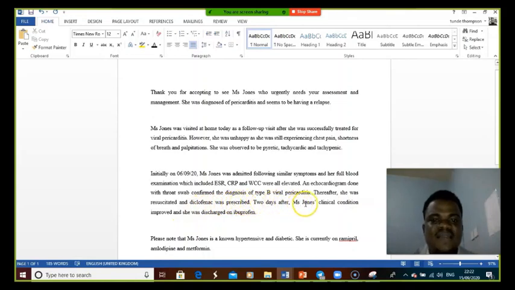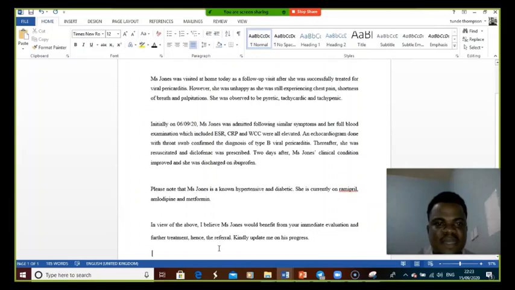2 days after, Ms. Jones' clinical condition improved and she was discharged on ibuprofen. Please note that Ms. Jones is a known hypertensive and diabetic. She is currently on Ramipril, amlodipine, and metformin.